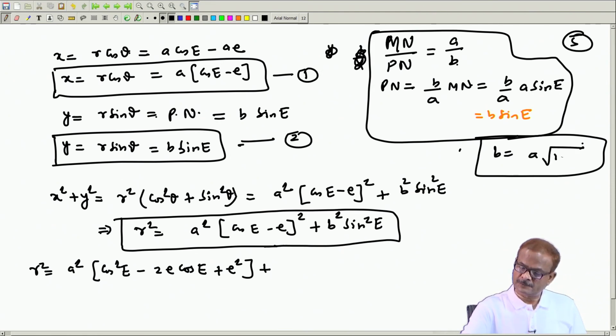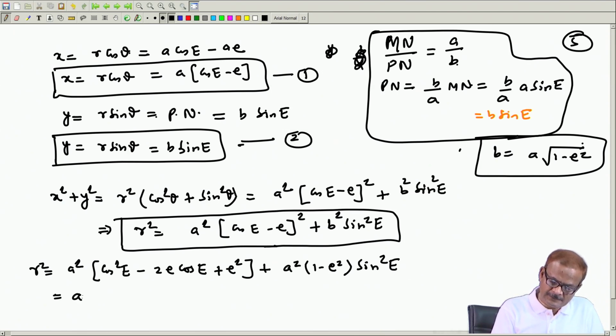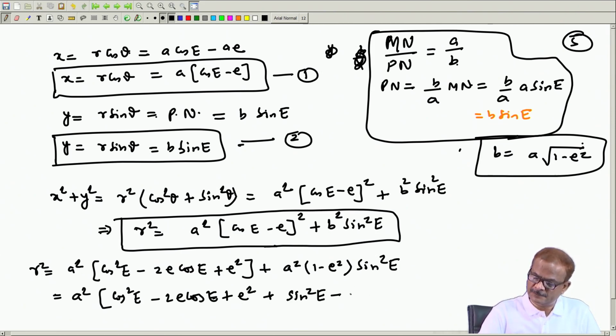Therefore, b square will be a square times (1 minus e square) sin square E. So a square we can take outside, and the rest of the things we can work out. So this is cos square E minus 2 e cos E plus e square plus sin square E minus e square sin square E.